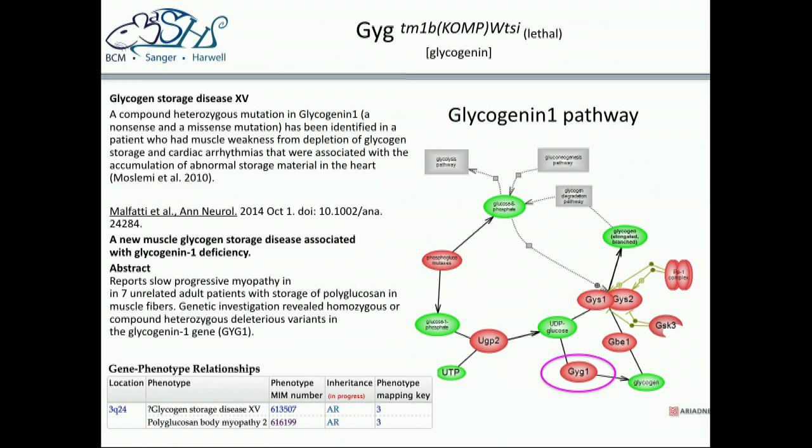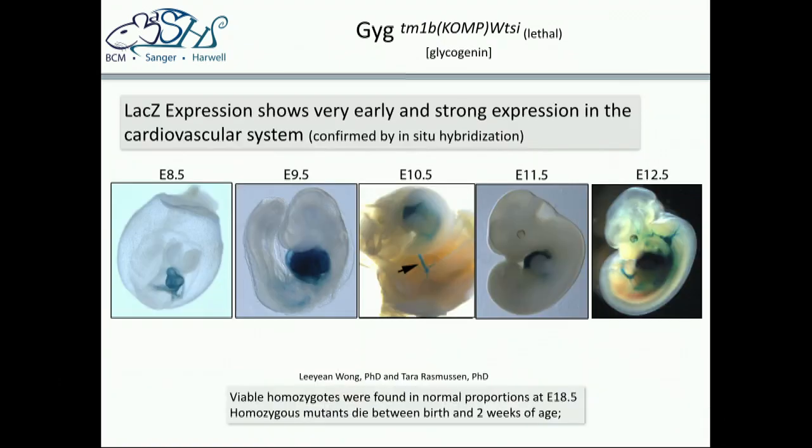We looked at the mutant for this gene, glycogenin. The lacZ expression shows very strong expression very early in the embryo and is localized to the heart. Beautiful heart-restricted expression that continues, and then we see expression surrounding the smooth muscle cells around major arterial segments, and the middle panel shows the expression around the umbilical artery.